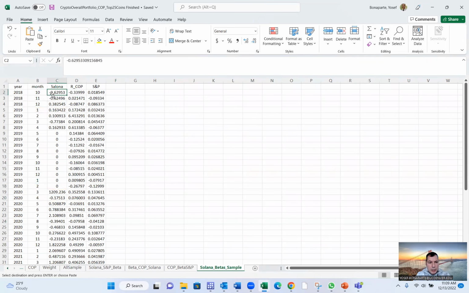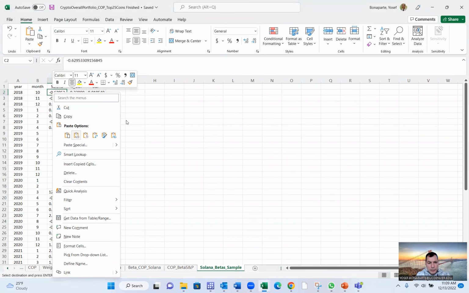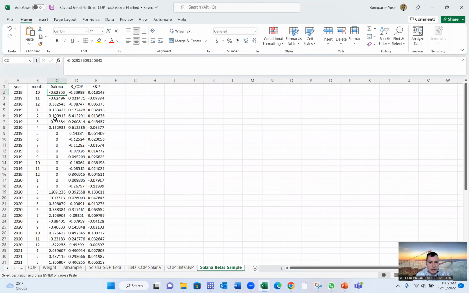Then right click and paste values, and you get the Solana return. You will have the same Excel that I have here: Solana return, RCOP, which is the crypto overall portfolio, and S&P.